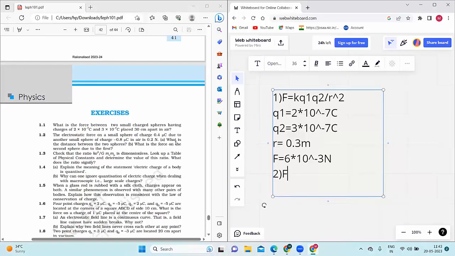Initially they gave the force as 0.2 Newton, and the charges are 0.4 microcoulomb. 1 micro means 10 power minus 6 coulomb.